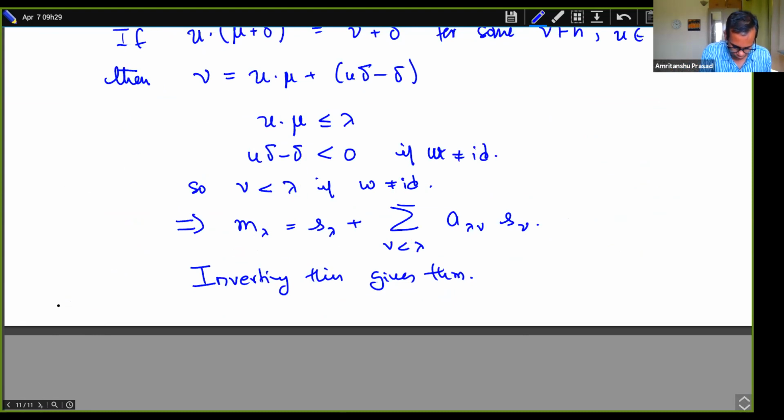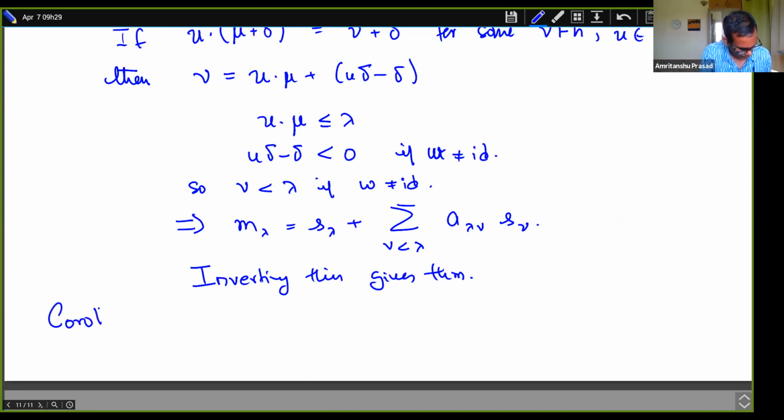Okay, so the corollary is that the s lambda, lambda a partition, is a basis.